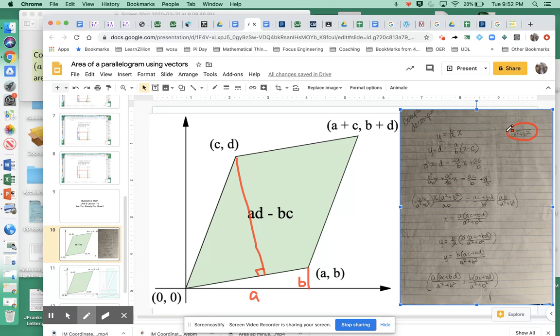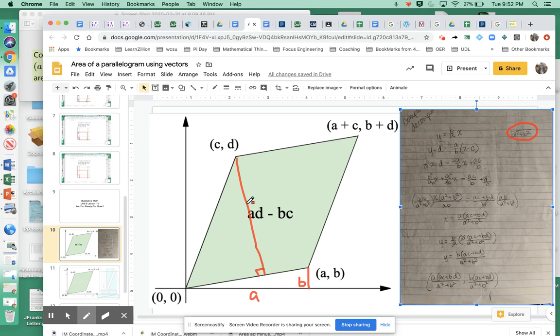Okay, great. But then to find this height, I would need to find this length here and this length here. This one isn't so bad because I know it is the square root of c squared plus d squared. However, to find this distance right here, I would need to find the intersection point of this new line I created and this line here. Well, I can at least find an equation of this line.